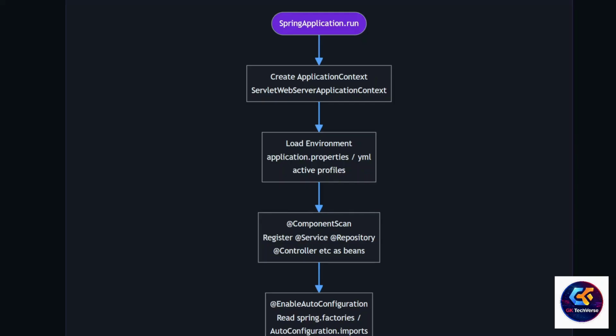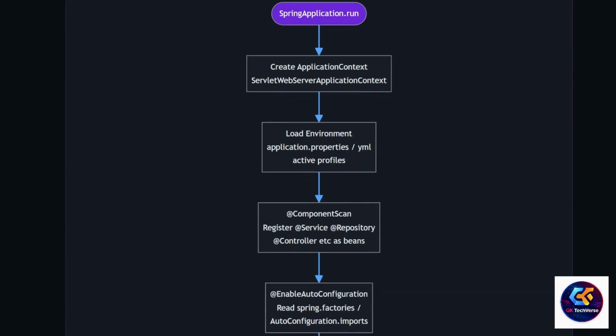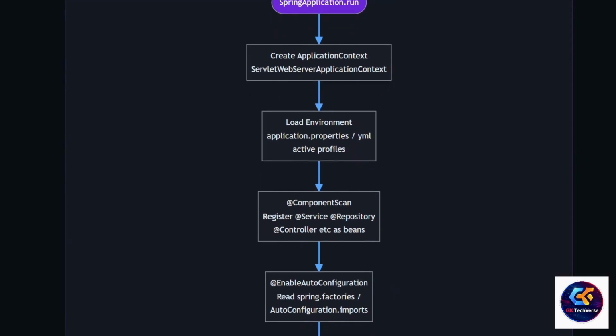Let's put everything together. Here is the complete sequence from SpringApplication.run to your app being ready to serve requests. Walk your interviewer through this and they know you understand Spring Boot at production level. When a Spring Boot application bootstraps, the first step is to create the application context, and the next step is to load your environment, property files or YAML files.